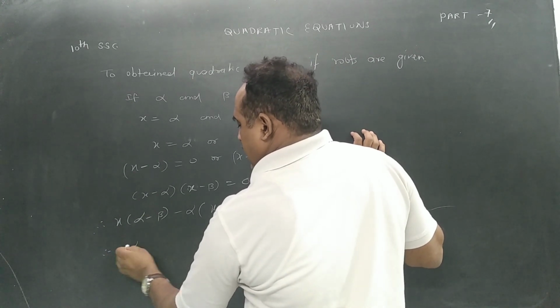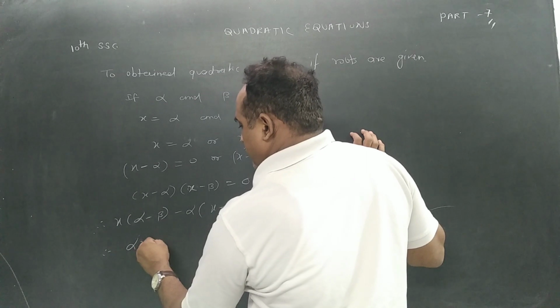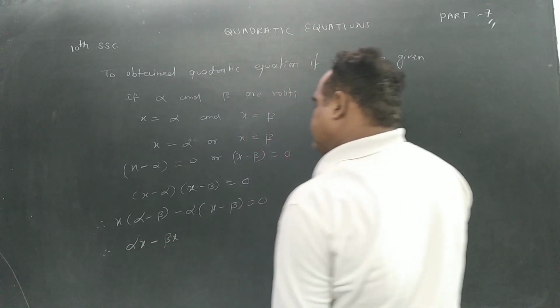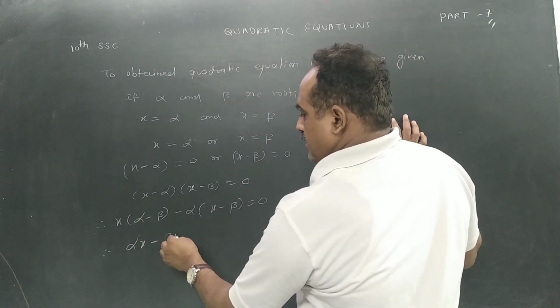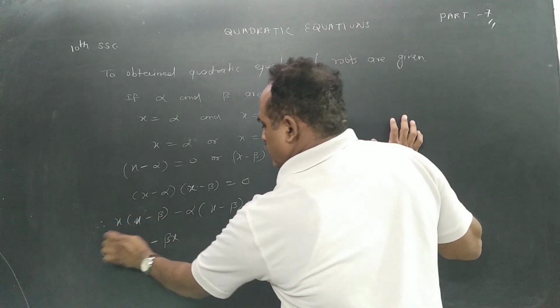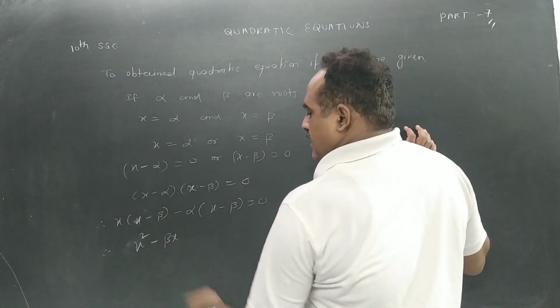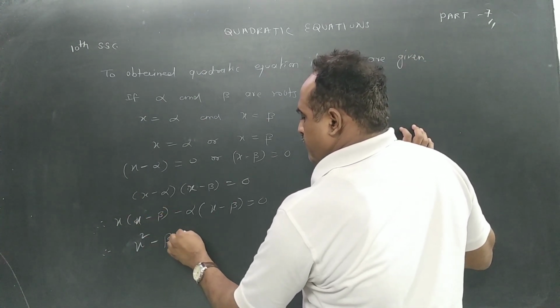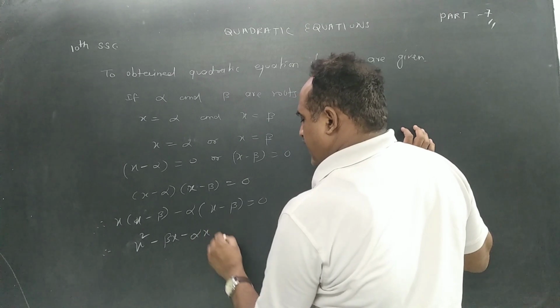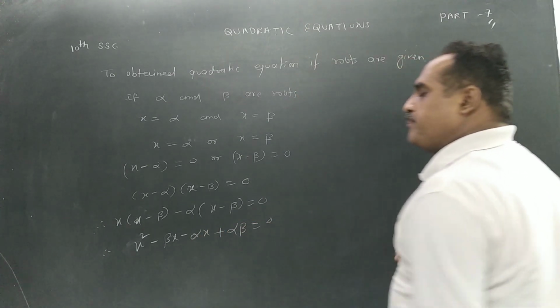Therefore, alpha x minus beta x. Oh, sorry, I made a mistake over here. It is x. So x into x is what? x square minus beta x minus alpha x plus alpha into beta is equal to 0.